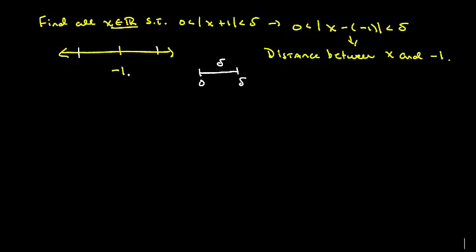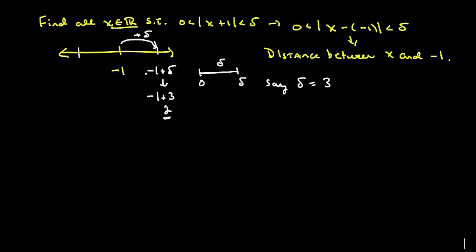So if I take negative 1 and I add delta, that will put me over here at negative 1 plus delta. For example, it's easier if you look at this with numbers. Let's say delta was equal to 3. Well, then this guy would be negative 1 plus 3, which would be positive 2. And that makes sense, because if you move this way 3, you'd end up at positive 2.